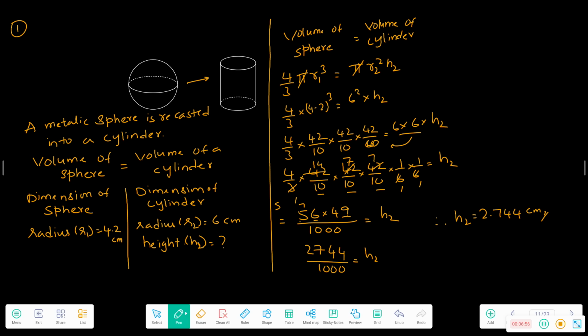Now the second problem from exercise 10.4. Let me move on to the next page.